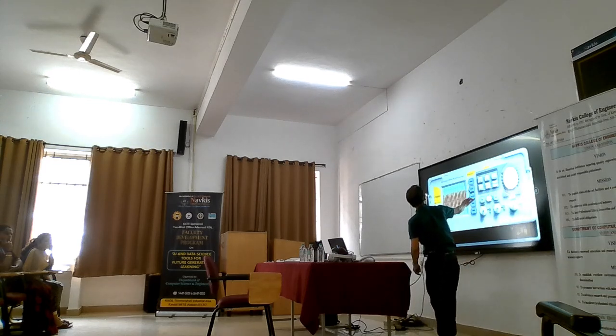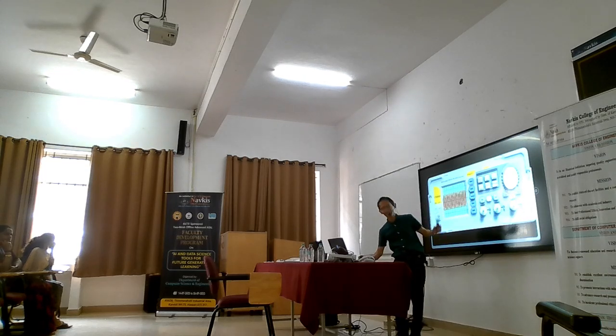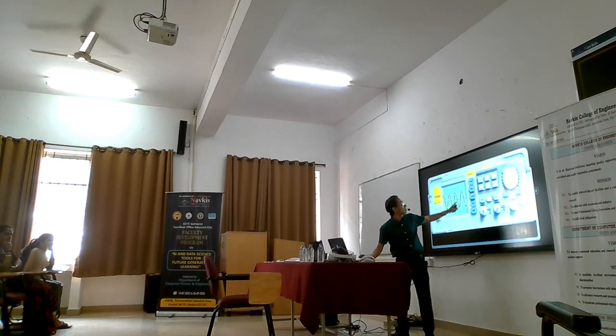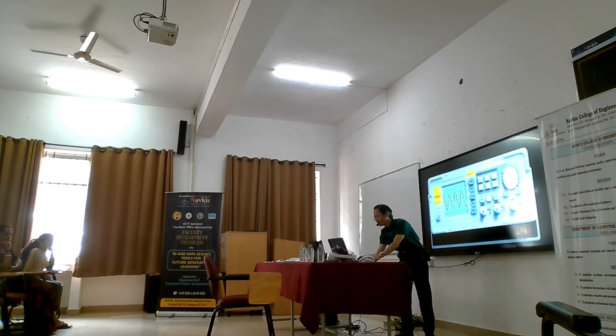Now basically, I can change the basic parameters of a waveform. So we have seen here a sine wave, and I can change the frequency here. This simulation is done by choosing this frequency. If I click here on amplitude, then it will affect the amplitude.